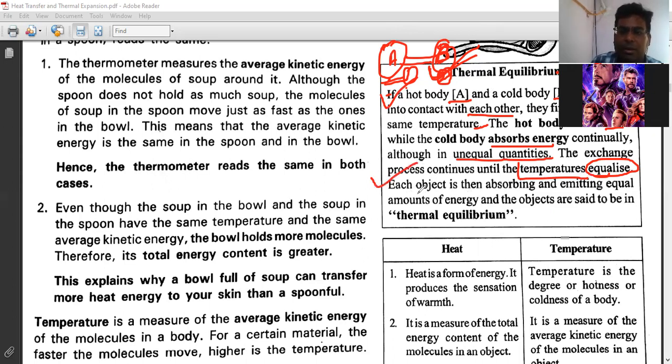When each object is absorbing and emitting an equal amount of energy, that is called thermal equilibrium, right? Write this down, then I will explain heat and temperature.